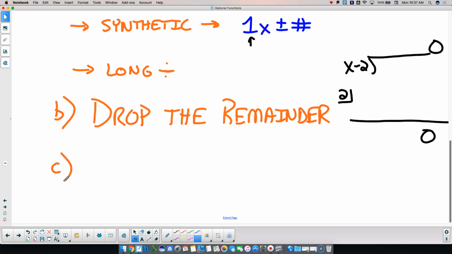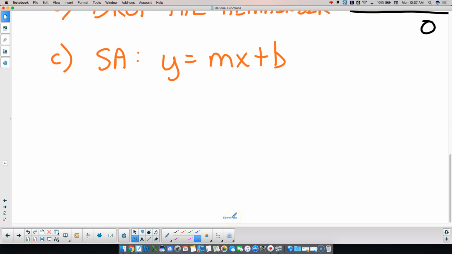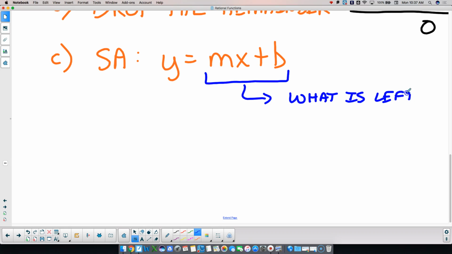And your slant asymptote is going to be y equals mx plus b, and this is going to be what's left from your division.